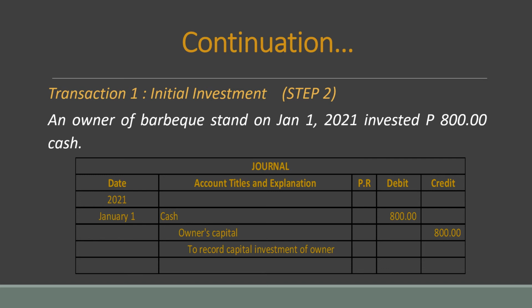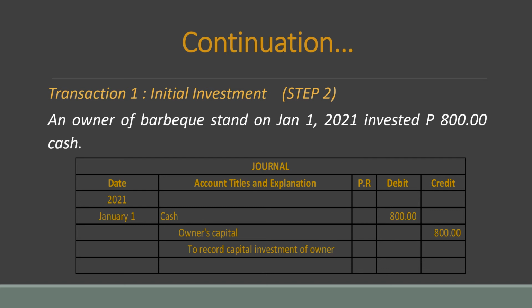So, date, gaya ng sabi ko kanina, hindi inuulit yung year and month unless gumamit tayo ng panibagong page. So, kung ibang page na yung ginagamit natin, saka natin uulitin yung pagsulat ng year and month. Okay? So, sa account titles and explanations, nilalagay natin dyan yung account to be debited and account to be credited.